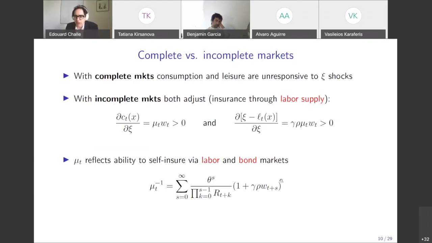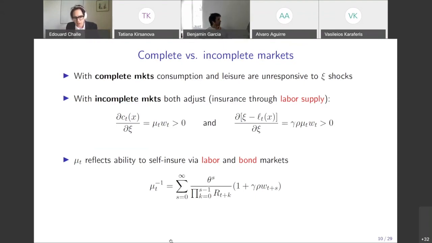If I iterate the expression I showed you before for mu t forward, I can see that mu t is determined by the course of real interest rates going forward and the course of wage rates going forward.